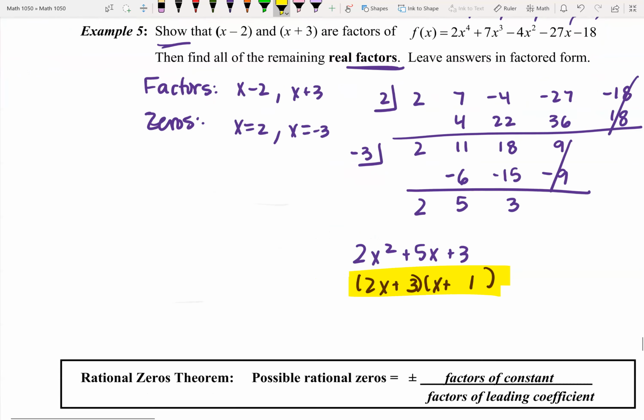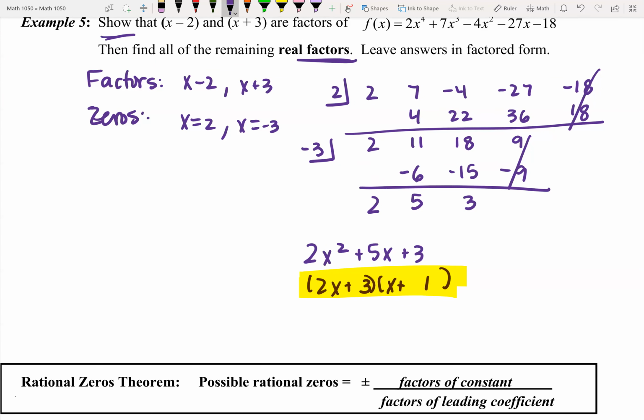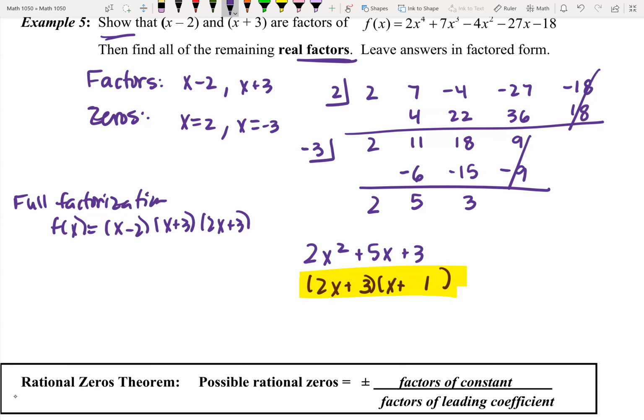Okay? Just a very quick addition to this. If they asked you for the full factorization, then it would be f of x equals the x minus 2 and the x plus 3, which is what I started with, and then it would be 2x plus 3 and then x plus 1 along with it. Okay?